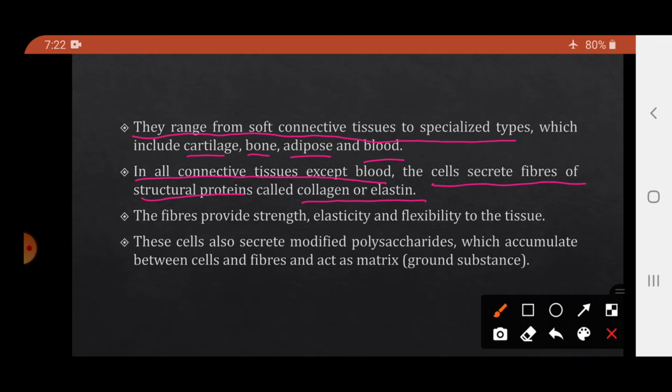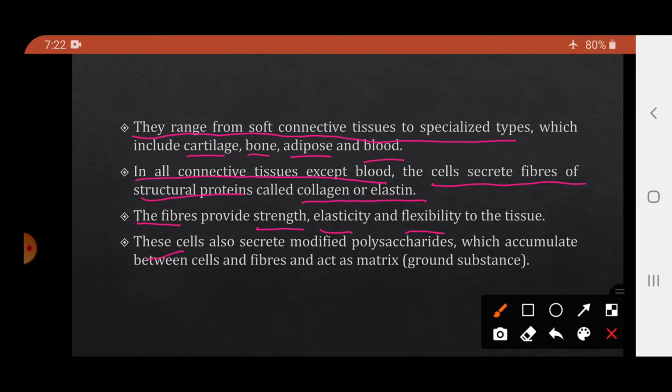Except for the blood, all other connective tissue cells secrete the fibers which are made up of the structural proteins collagen or elastin. Now what is the importance of fibers? The fibers provide strength, elasticity and flexibility to the tissues.